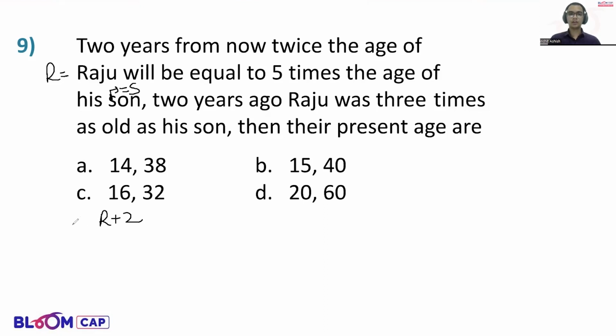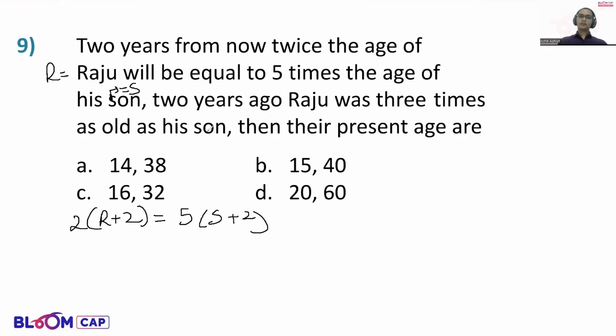So what did we do first? First, we added 2 to both the age of Raju and his son. Both their ages will obviously be 2 years more, because we are talking about 2 years later. Then it says twice the age of Raju, meaning Raju's age at that time after 2 years, its double is equal to 5 times the age of his son, which at that time will be S plus 2.